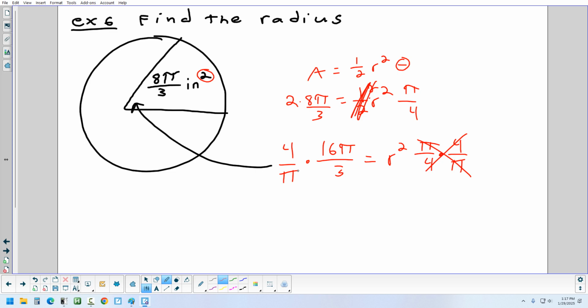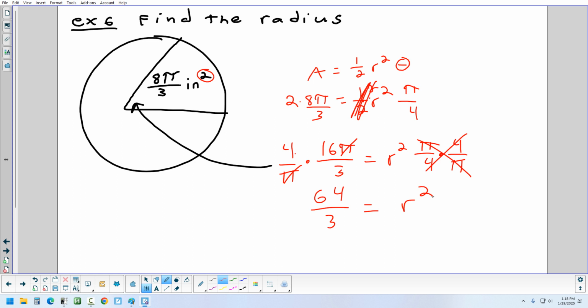And when you multiply by 4 over pi, it also cancels the pi's on that side. What's 4 times 16? So 64 over 3.